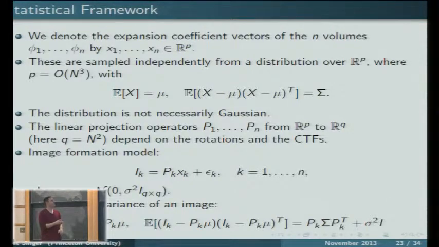So we have these volumes, but now think of them as just p-dimensional vectors, sampled from some distribution of conformations. And so we have a mean and a covariance that we want to estimate for that distribution. In reality, what I really want to do is to characterize for you the entire distribution of conformations, but that's probably too much to ask. So let's be modest and just try to get the first and second order statistics.